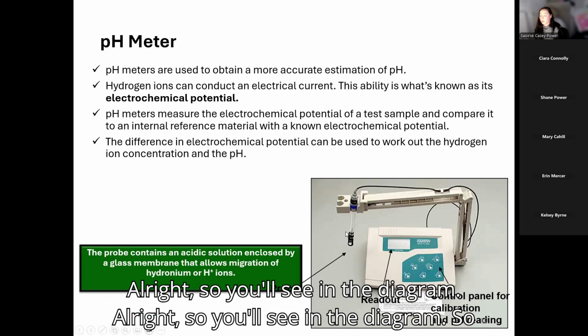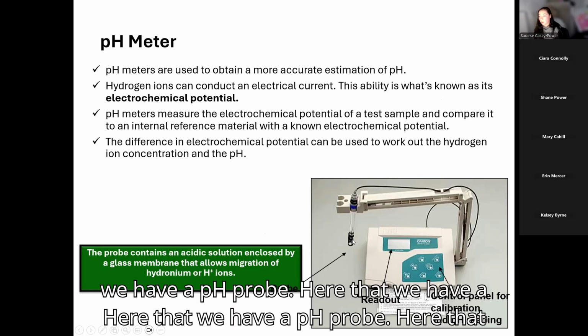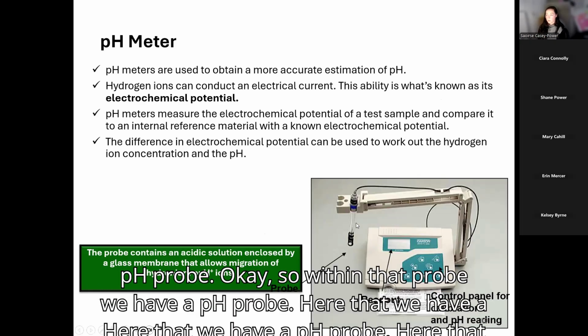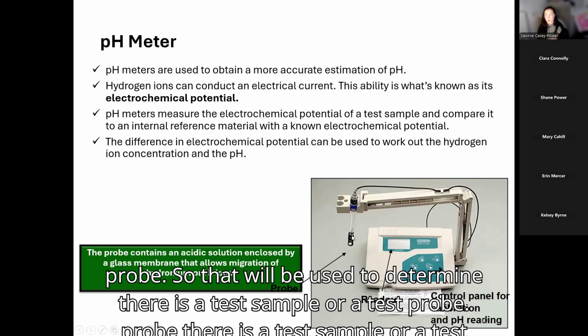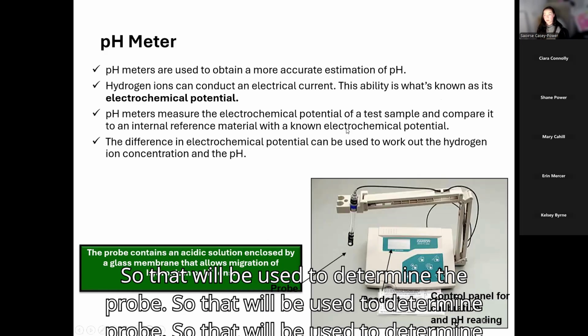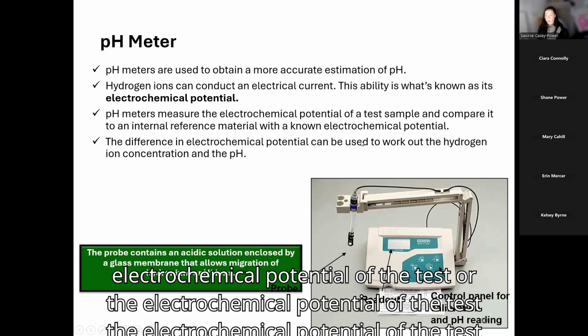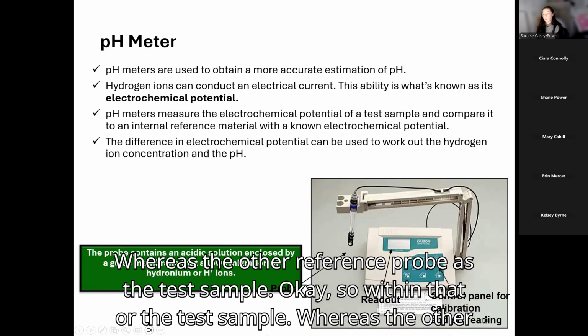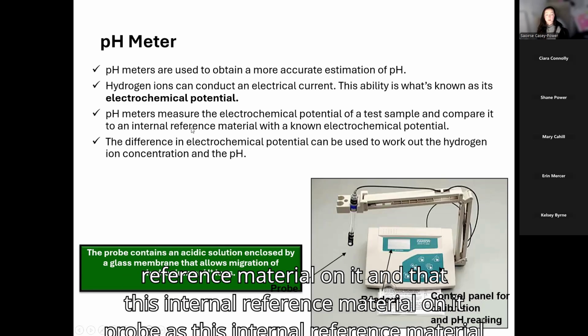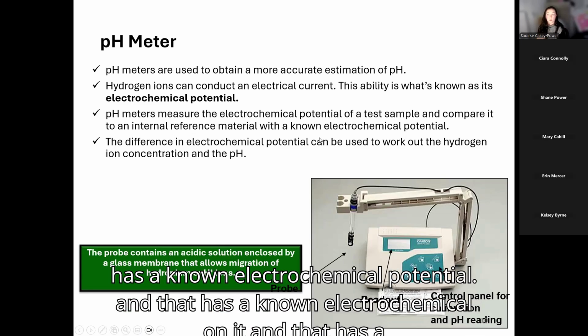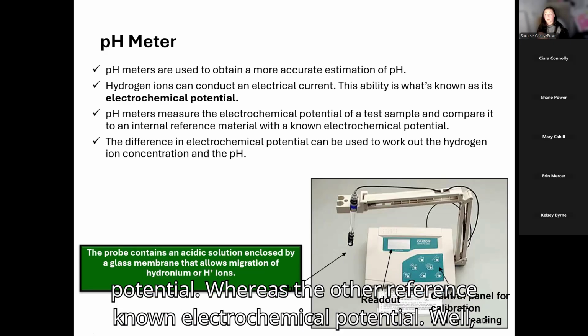You'll see in the diagram here that we have a pH probe. Within that probe, there is a test probe, which will be used to determine the electrochemical potential of the test sample, whereas the other reference probe has this internal reference material on it, and that has a known electrochemical potential.